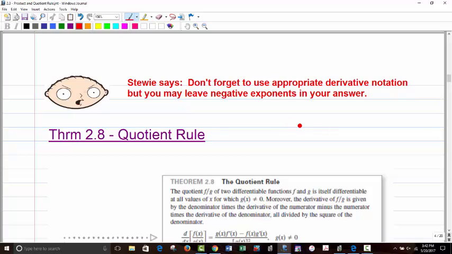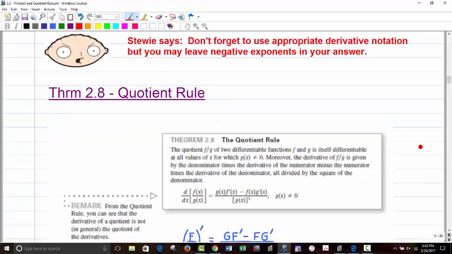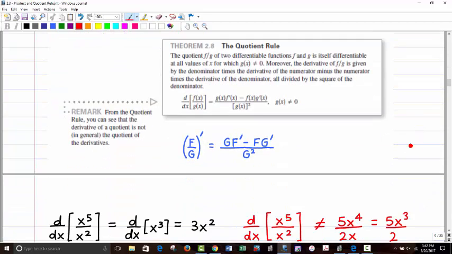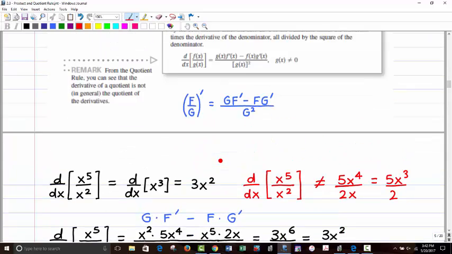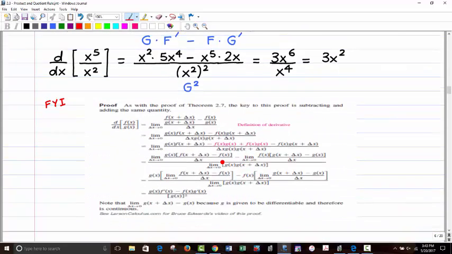Quotient rule. Well, we learned that the derivative of a product is not the product of the derivatives. Same thing for quotient. It'd be nice if the derivative of f divided by g was f prime divided by g prime, but it's not. I'm not sure if I copied the proof out for this one too. Oh, I did.